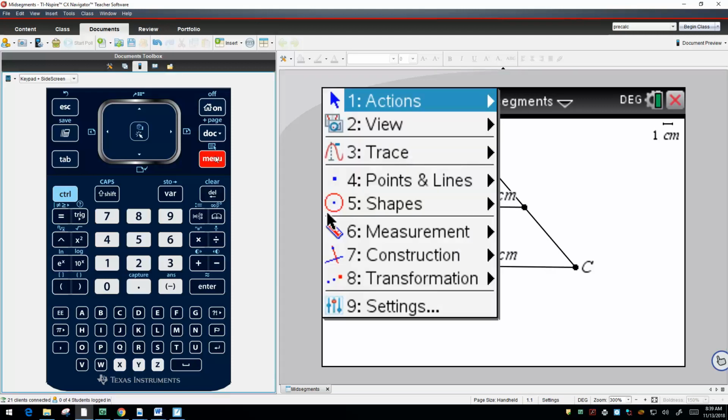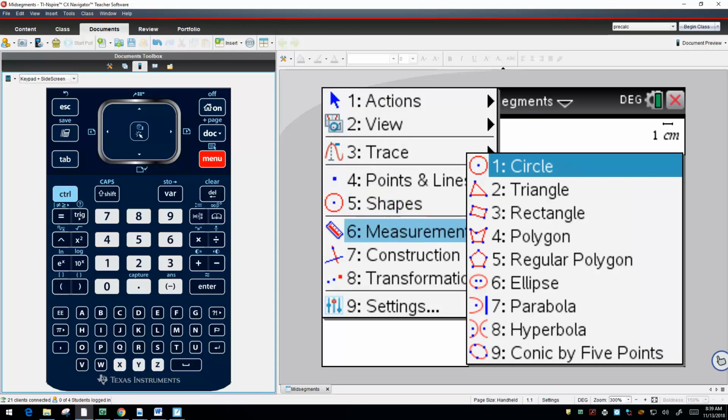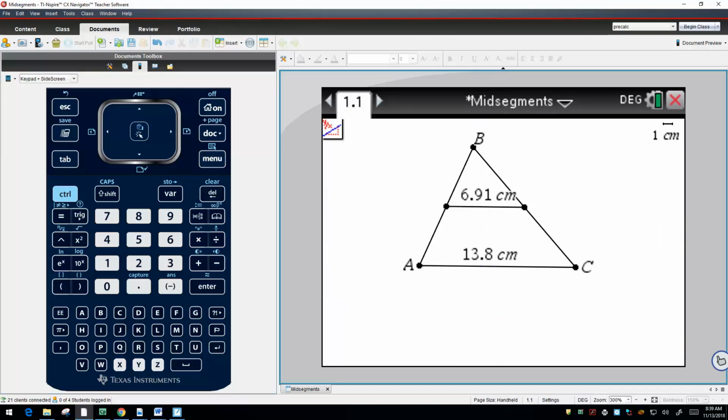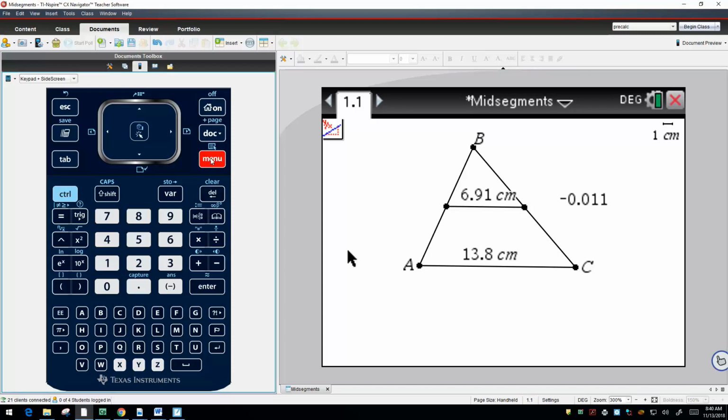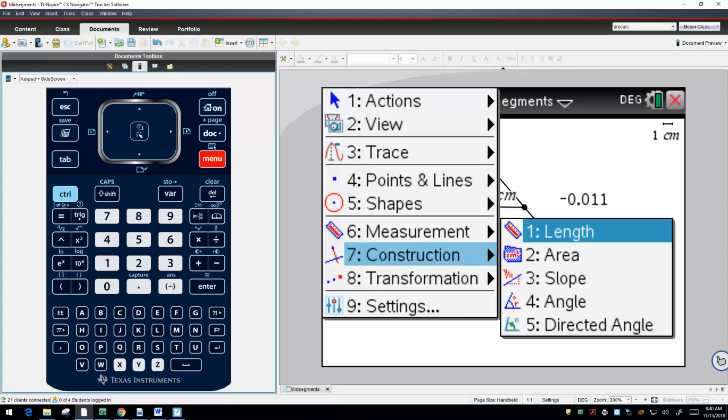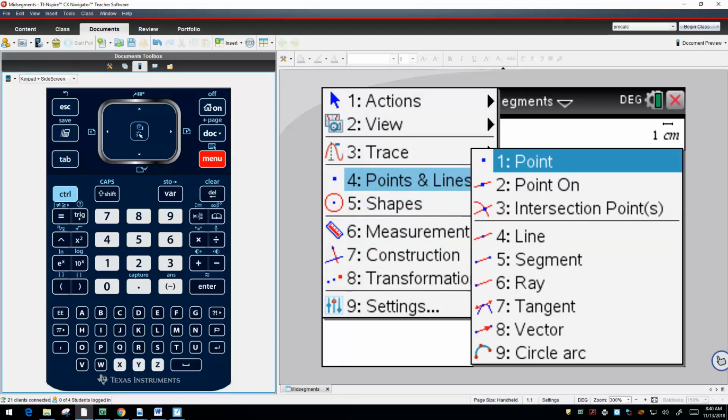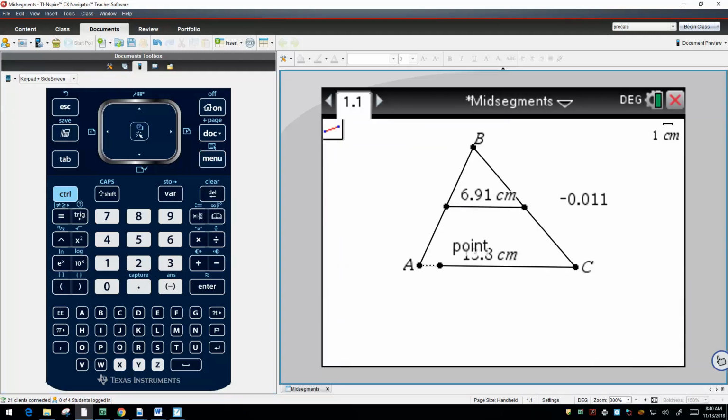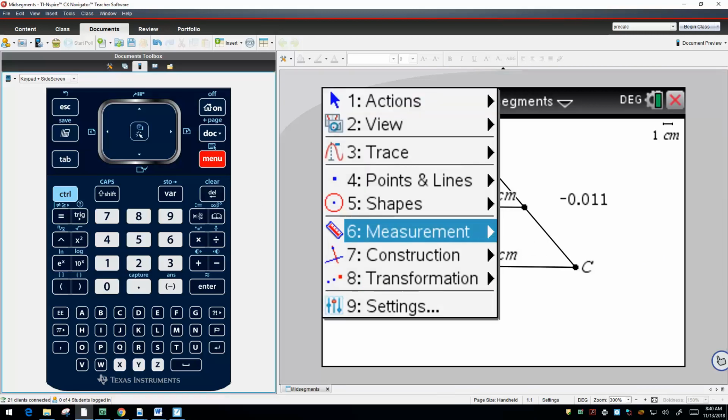Another thing that we can do is compare their slopes. So if I were to measure the slope of this segment, put it off to this side, and in order to measure this one, I will actually have to construct another segment. And now I'll go back and I can measure this segment.